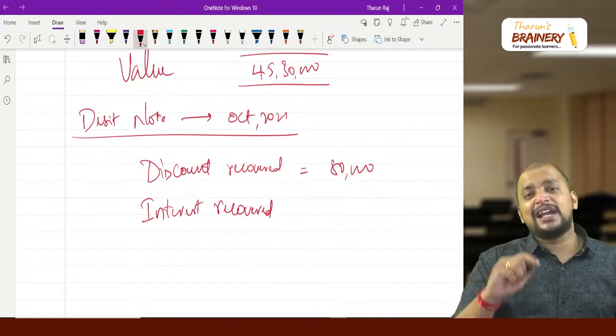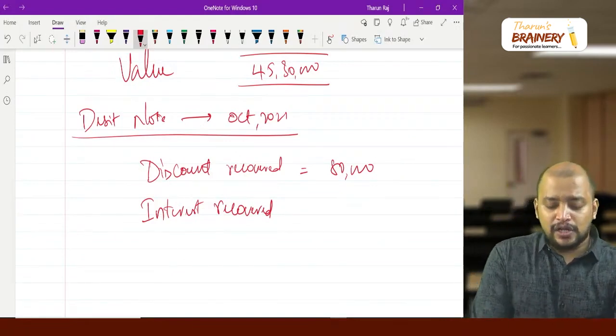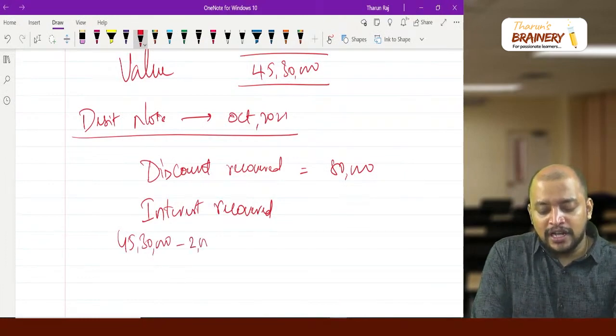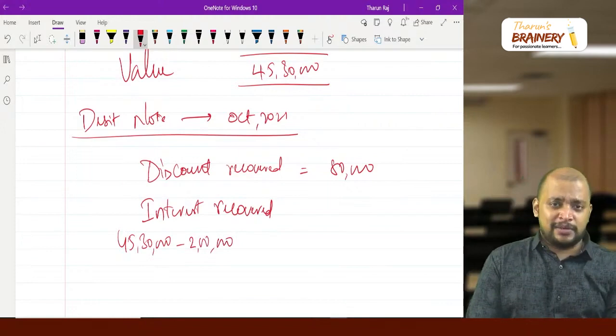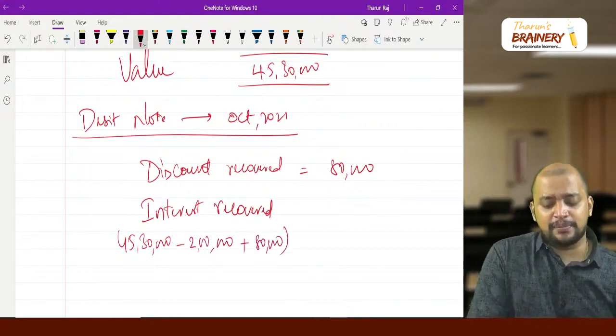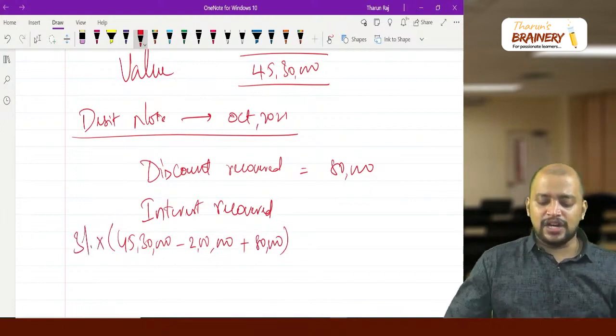So this 45,30,000 is not due from the customer. Why? Out of this 45,30,000, 2 lakhs is due from the holding company. 2 lakhs is receivable from the holding company, not from the customer. And 80,000 is also recovered, so it is not due from the customer either.